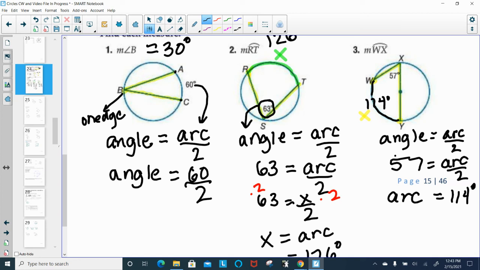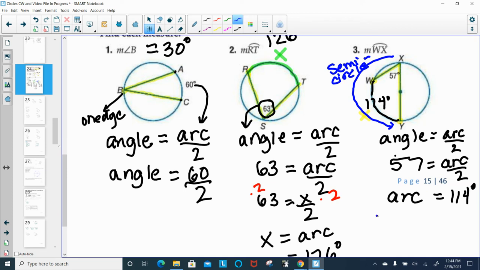So the thing that we have to remember here is that YX is a diameter. So that makes all the way around from X to Y a semicircle. And I'll write that right here. And remember that semicircles are worth 180 degrees. They are half of the circle.